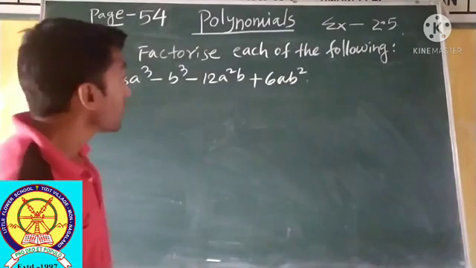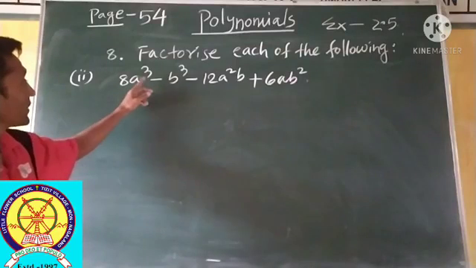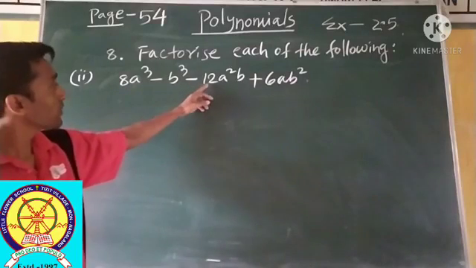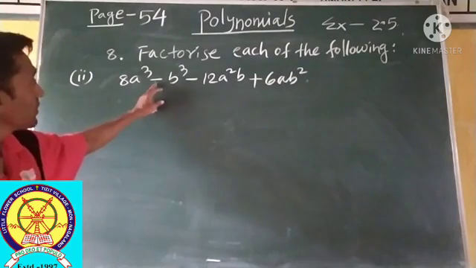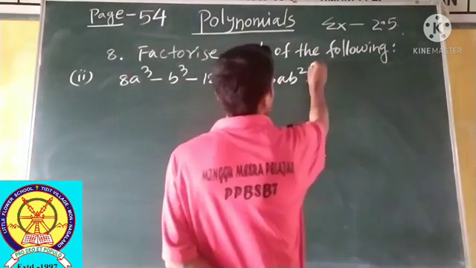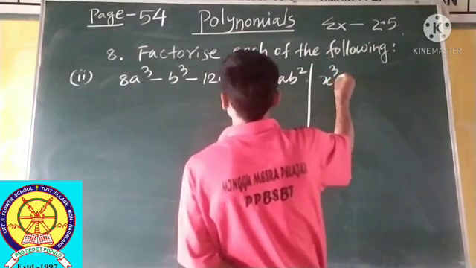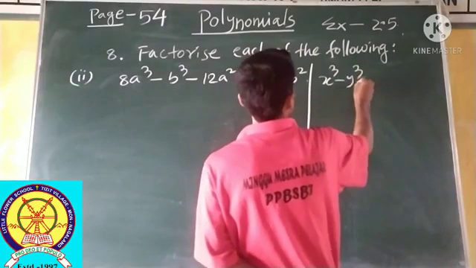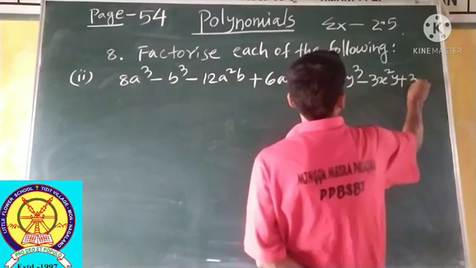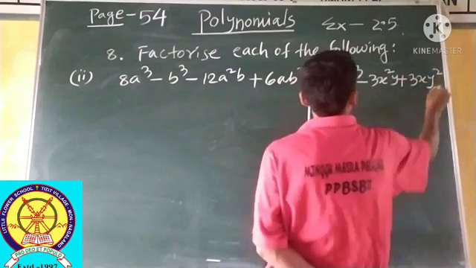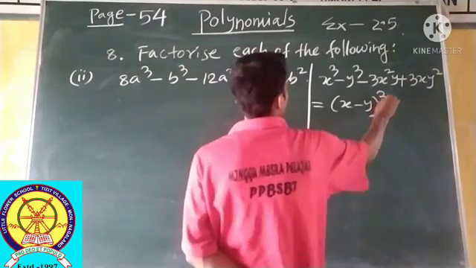Now we will learn question number 2. You see the question: 8a cube minus b cube minus 12a square b plus 6ab square. Here you see minus is there. That means the negative formula: x cube minus y cube minus 3x square y plus 3x y square is equal to x minus y whole cube.